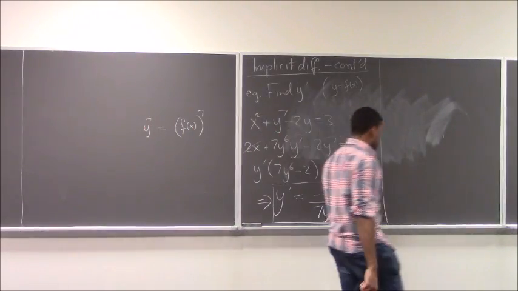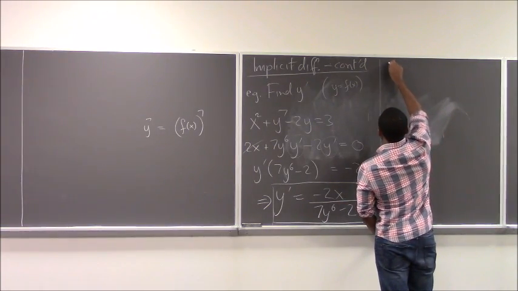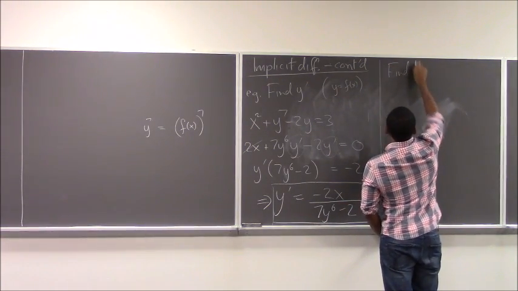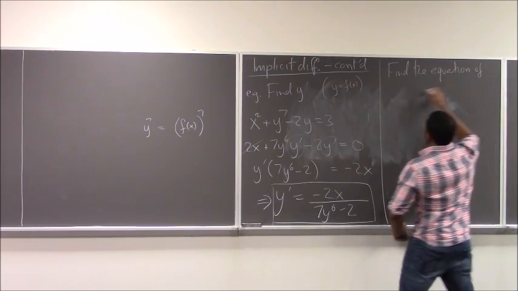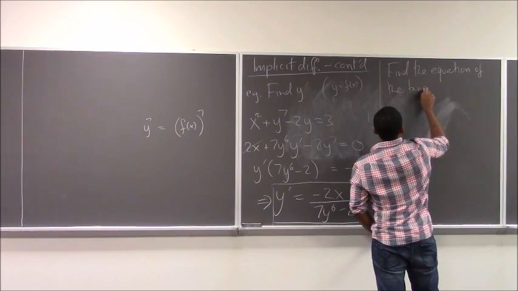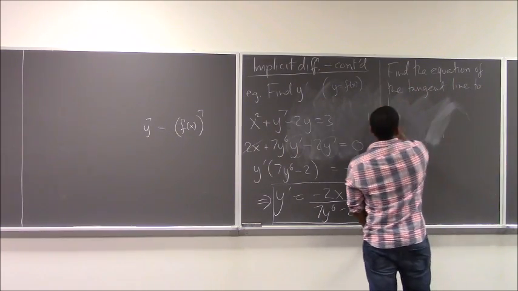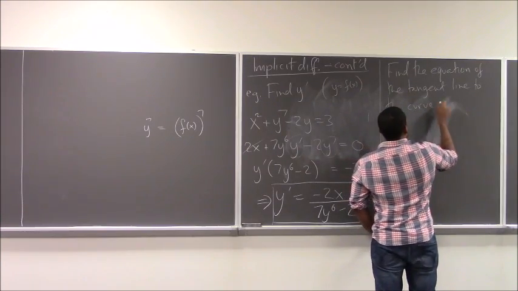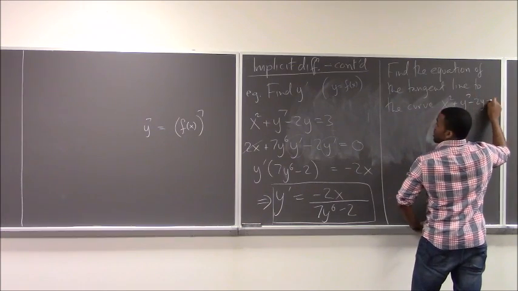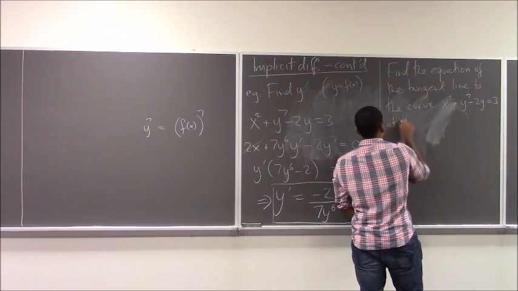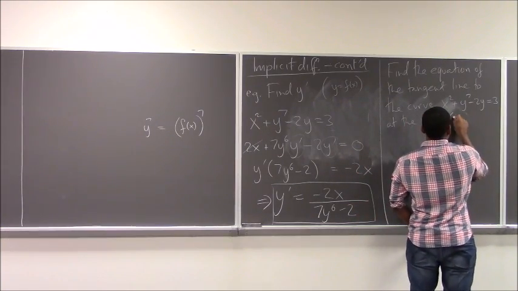Here's one example. We're continuing with the same problem, and the question now is to find the equation of the tangent line to this curve at the point (2, 1).